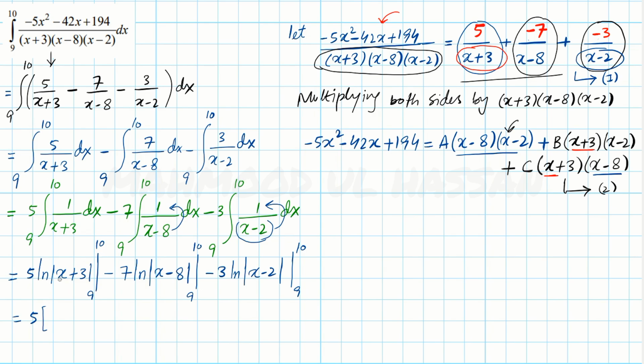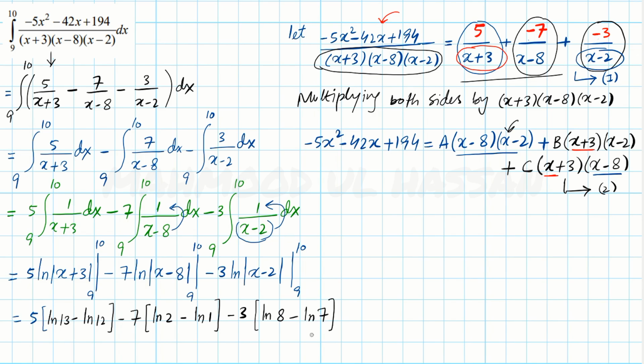So natural log of 10 plus 3, that is 13, minus, we put the lower limit 9, so 9 plus 3 is 12, then minus 7, here natural log of 10 minus 8, which is 2, and then 10 minus 2 here, so the 7 is multiplying natural log of 2 minus log of 1, then minus 3, here natural log of, again this 3 is multiplying with the log, so log of 10 minus 2 is 8, then minus log of 9 minus 2 is 7.